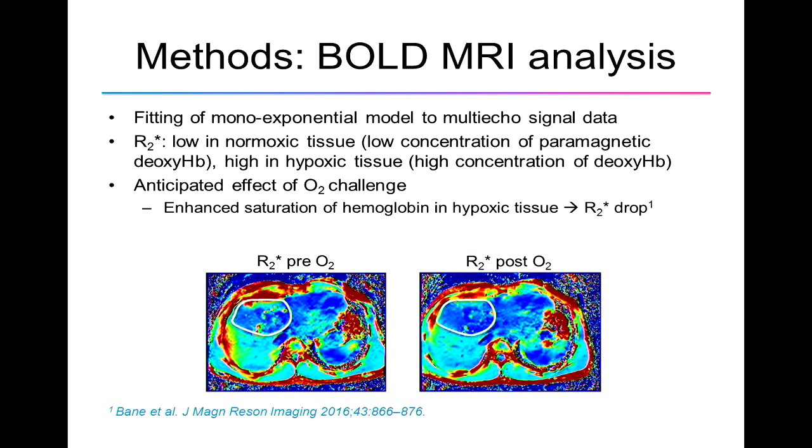The anticipated effect of the oxygen challenge was that there is enhanced saturation of hemoglobin in hypoxic tissue, which will lead to an R2* drop. And here you see examples of the R2* maps pre and post the oxygen challenge, in which the tumor is delineated in white, and we clearly observed regions in which the R2* decreased after oxygen, which is indicative of presence of hypoxic regions in the tumor.